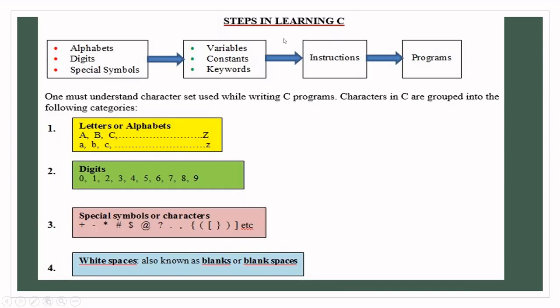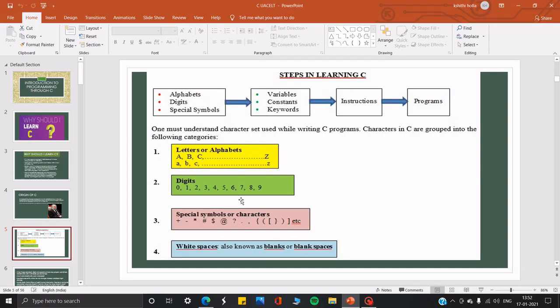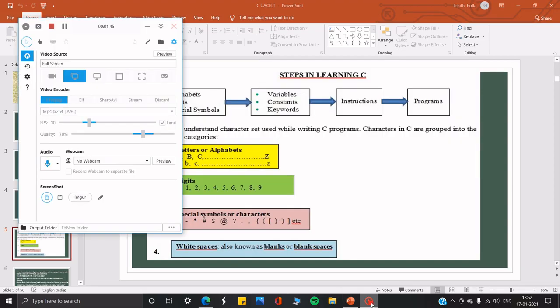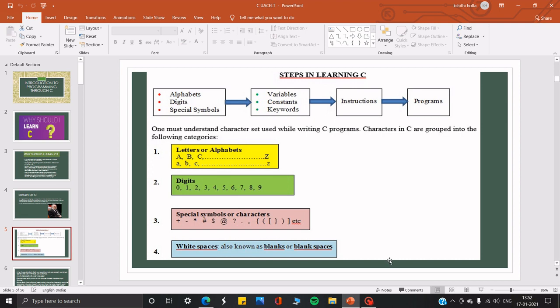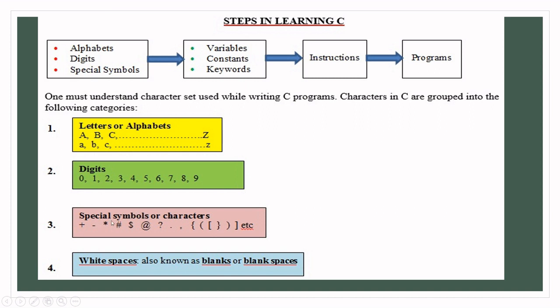So there are several steps in learning C. First, you need to have a good hold on the alphabet, digits, and special symbols. So uppercase A to Z and lowercase a to z, and digits 0 to 9, and special symbols like plus, minus, asterisk, all those symbols, and white spaces, also known as blanks.